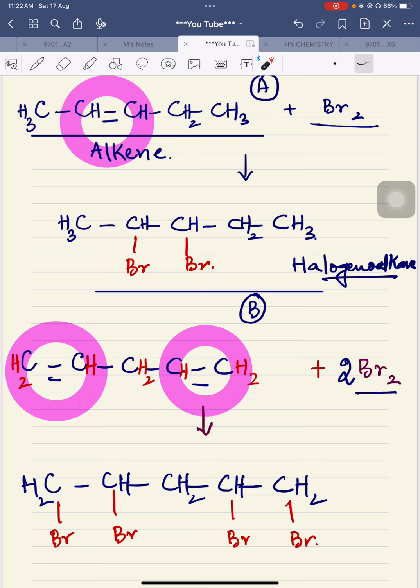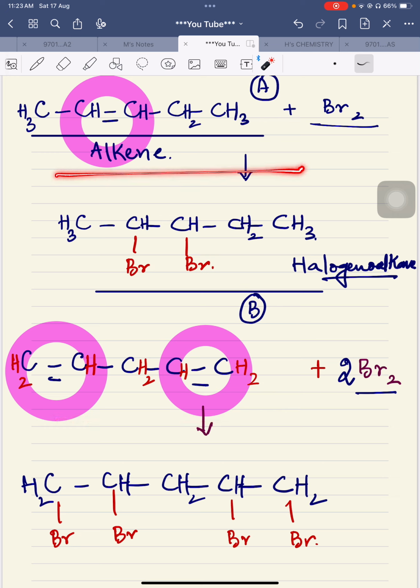But we have to say that B has a higher degree of unsaturation as it has a higher number of double covalent bonds. When it has a higher number of double covalent bonds, it will have a greater ability to decolorize liquid Br2.